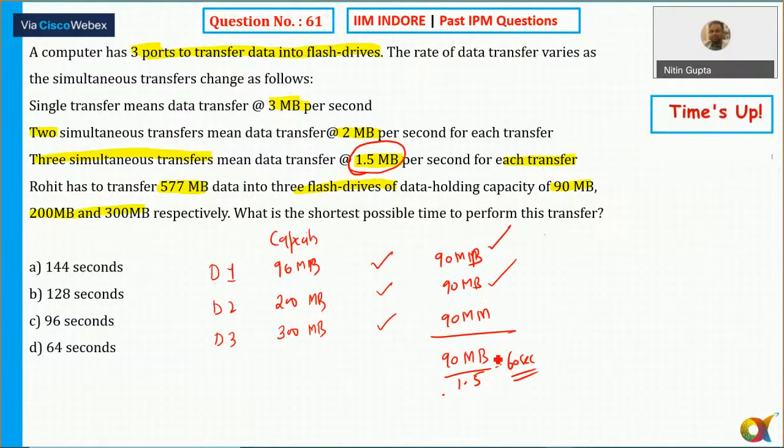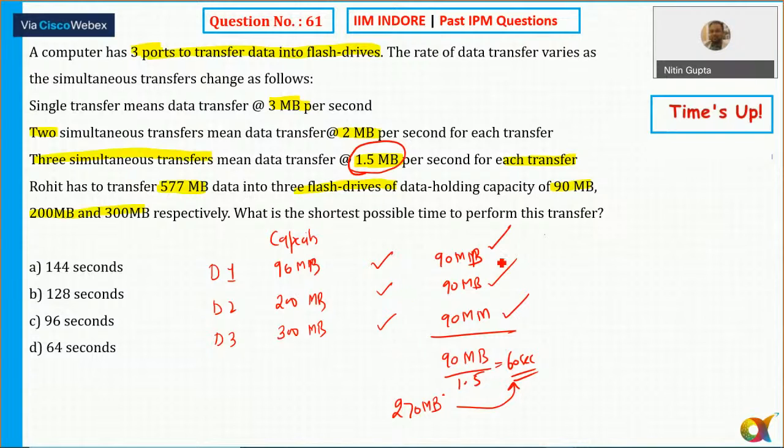Drive 2 also has 90 MB of data transferred. Drive 3 also has 90 MB of data transferred. So the 270 MB of data will be transferred by the end of 60 seconds. It is not 270 upon 1.5, because from 0 second to 60 seconds all the three are working. So in those 60 seconds 270 MB of data will be transferred.